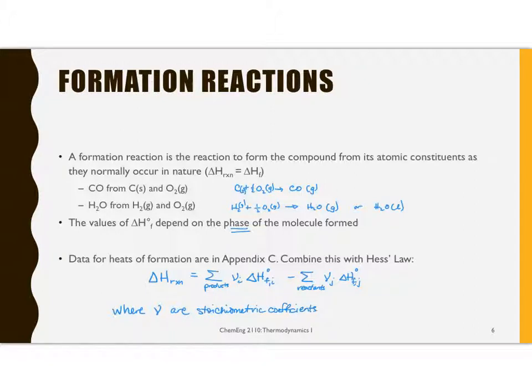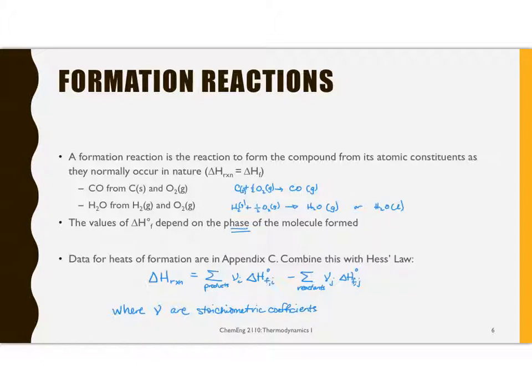So Hess's law gives us that the heat of reaction is the sum of all of the heats of formation of products times the stoichiometric coefficients from our reaction, minus the heats of formation of all of my reactants times the stoichiometric coefficients for those.